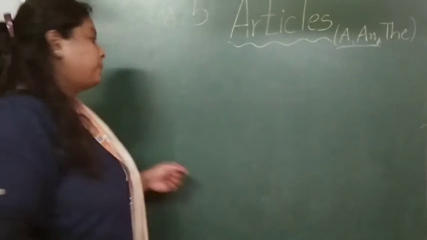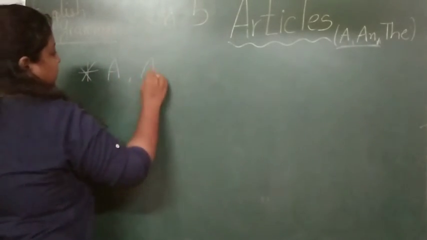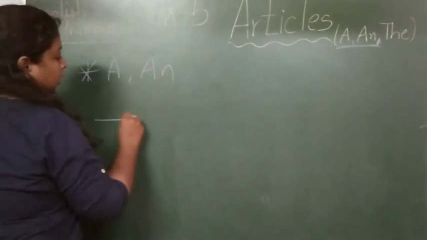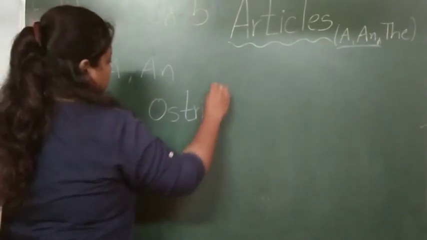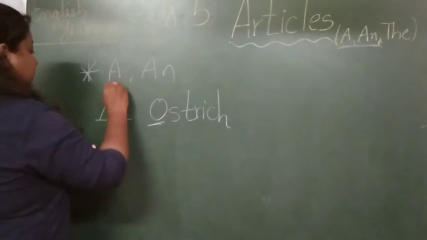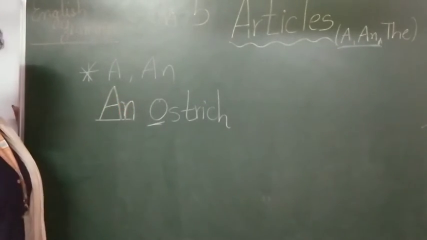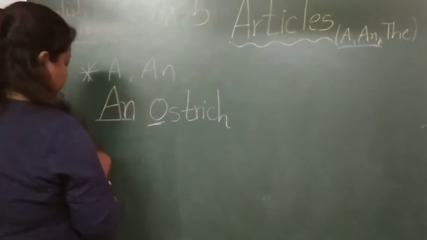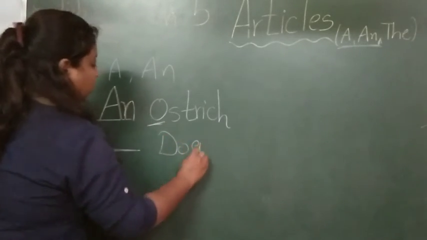Let's see some examples of article a and an. So here I will write ostrich. Here your first letter is a vowel, so we have to write an article, an. Next I will write dog.